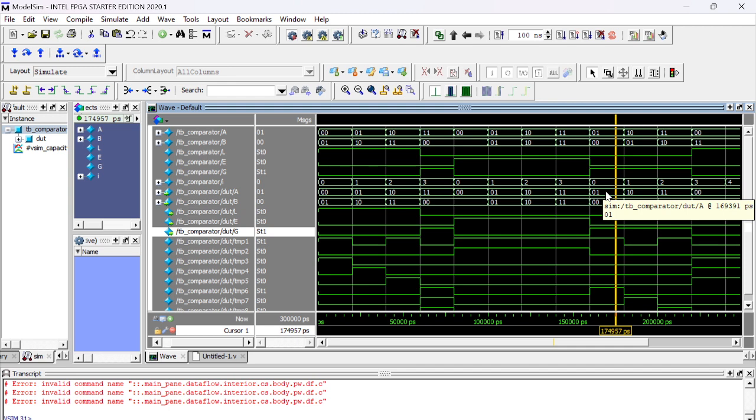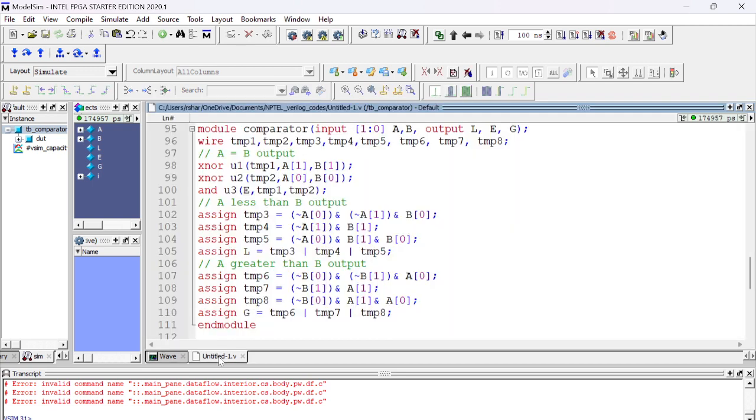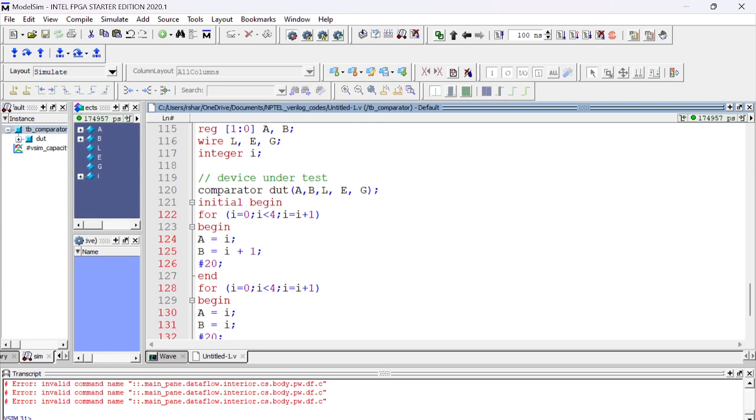Any doubts? Time scale 1 nanosecond by 1 picosecond. What does it mean, madam? They have given 1 nanosecond, so every unit will be indicating as 1 nanosecond.